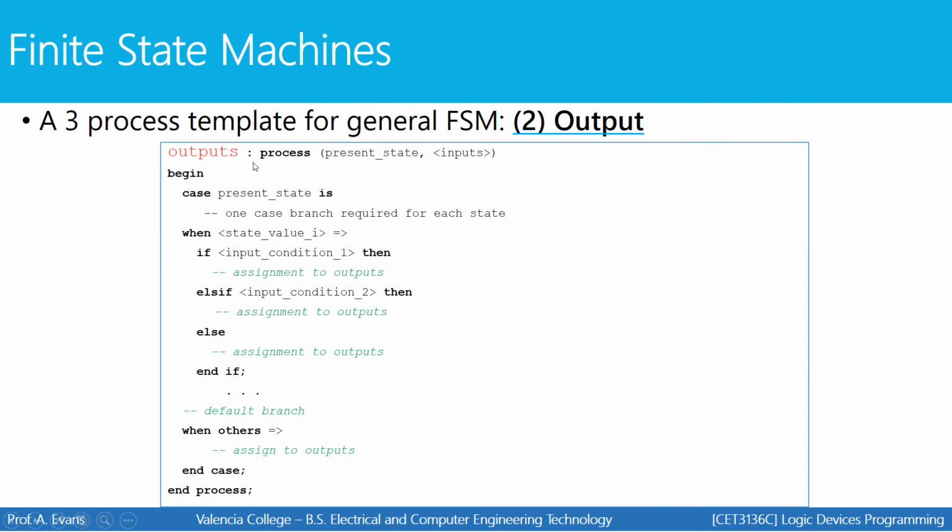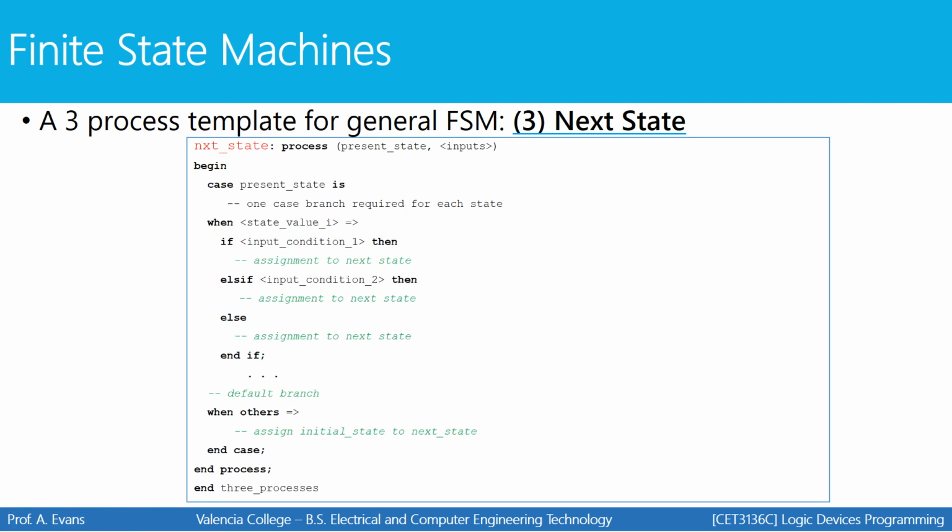Your next process will be the process to control the outputs. And you're going to generally use a case statement where you look at each particular scenario for your present state. So your present state could be one of any particular number of values. You look at the present state and you decide what you're going to do based on its value. Then you have the next state process, which determines what the next state should be. So this is your basic 3-process template.